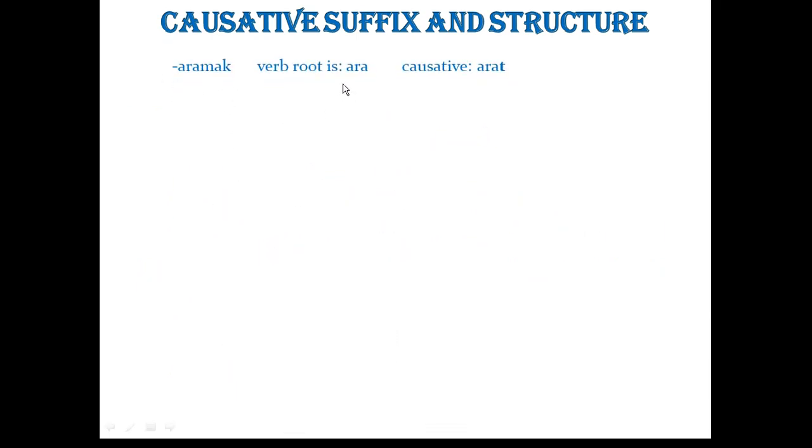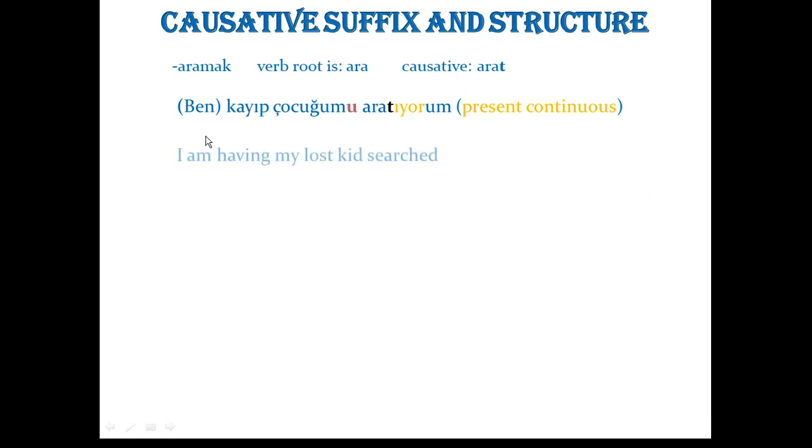Aramak, the verb root is ara, ending with a vowel. The causative structure is arat, just T to make it causative. Ben kayıp çocuğumu aratıyorum, in the present continuous tense again: I am having my lost kid searched for, but the doer of the action is hidden.